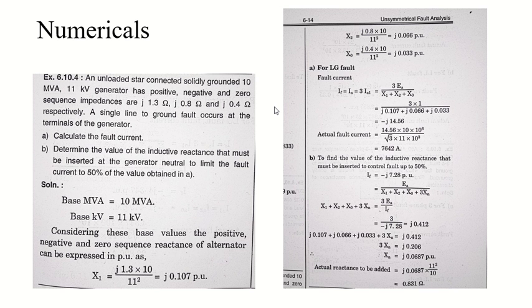We've been asked to determine the value of the inductive reactance that must be inserted at the generator neutral to limit the fault current to 50% of the value obtained, right? So what you already have is the base MVA, 10 MVA they have given, the base kV, which is 11 kV, and the positive, negative and zero sequence impedances, so you know x1, x2 and x0.